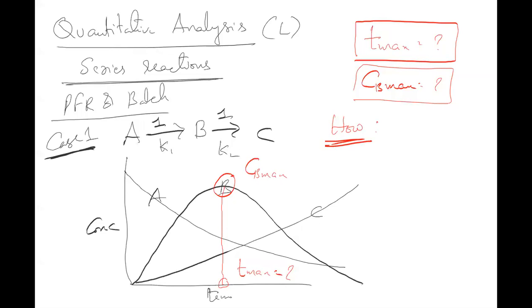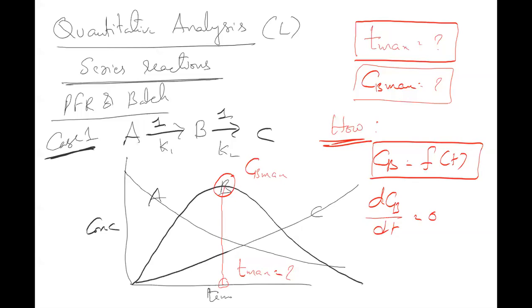First, you should get CB as a function of time. Once you get CB as a function of time, then dCB by dt equal to 0 will give T max, and if you substitute T max back, you will get CB max. Simple steps. Basically 3 steps.